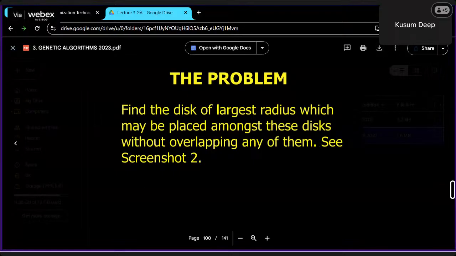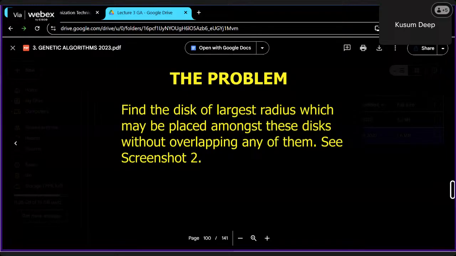You need to define this problem mathematically such that you determine the circle of the largest area or largest radius, so that it should be placed among the given circles such that they are not overlapping. They are allowed to be tangential, but they are not allowed to be overlapping.